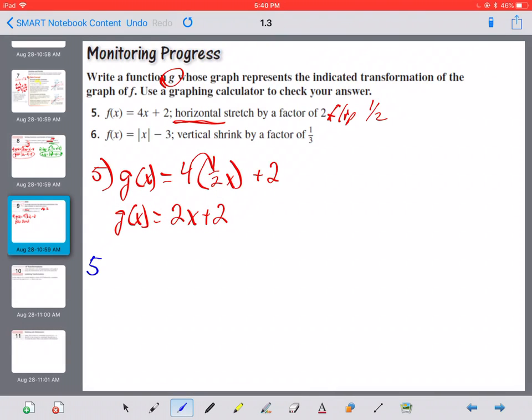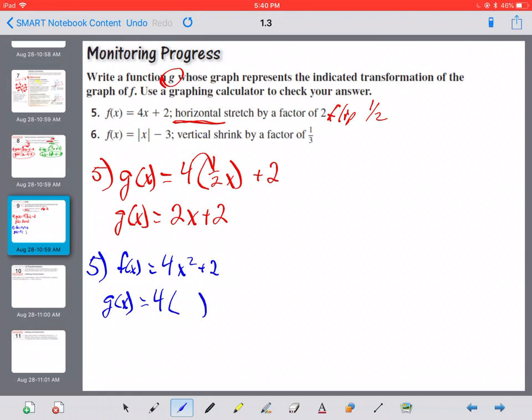Now I want to look at that in a little bit different way. Let's say that number 5 wanted me to use f of x equals 4 times x squared plus 2.